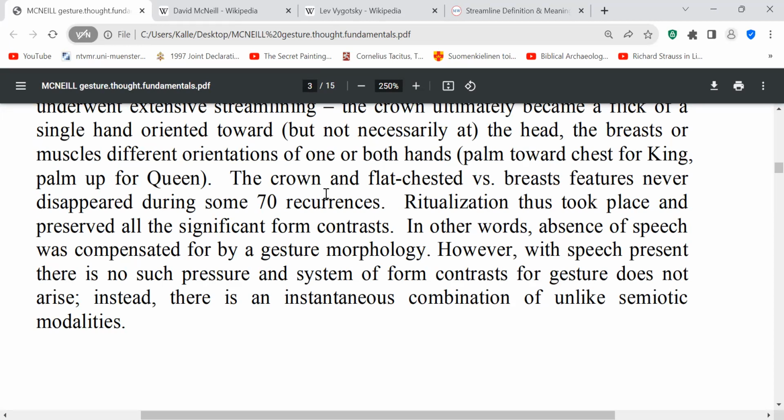Instead, there is an instantaneous combination of unlike semiotic modalities.